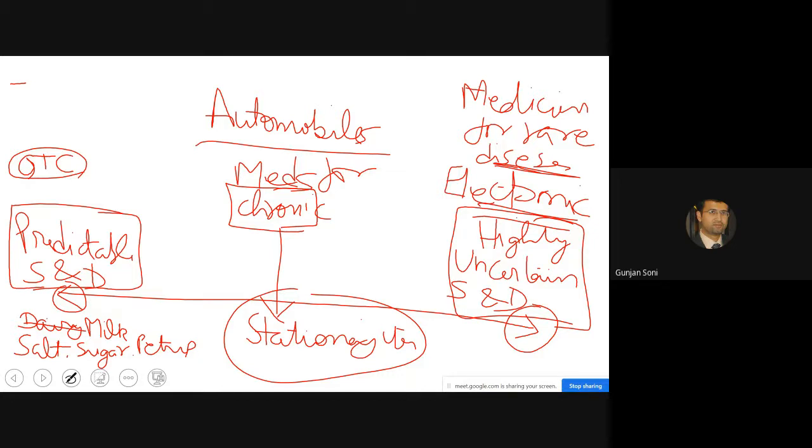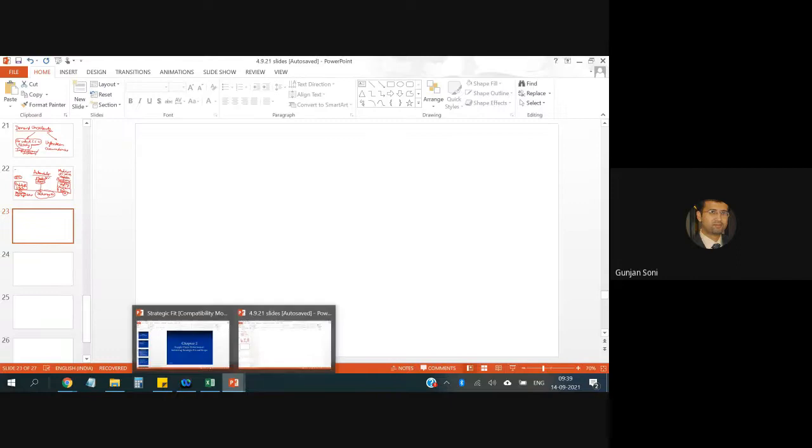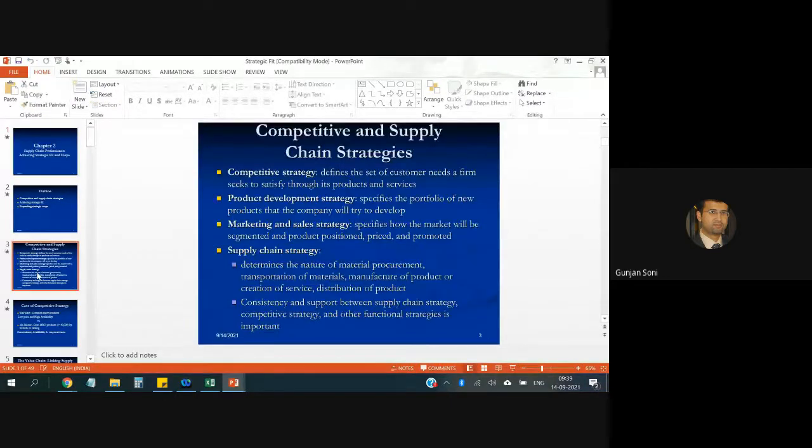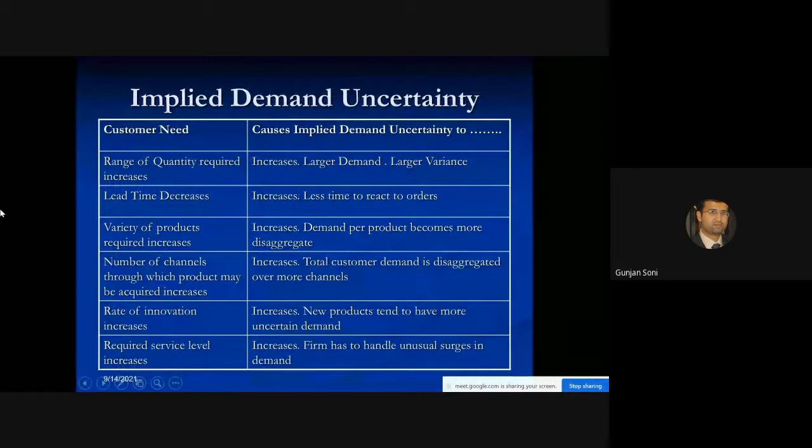Okay, so now I think we understand the meaning of implied demand uncertainty. Now, I'll share another slide where we can quickly see some aspects. So we see here the range of quantity required increases.